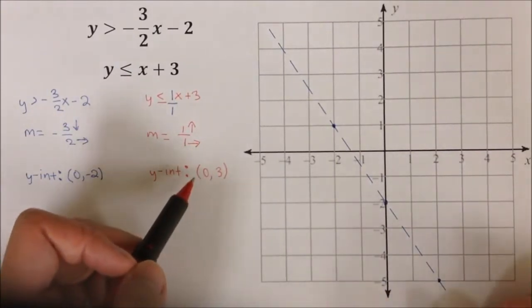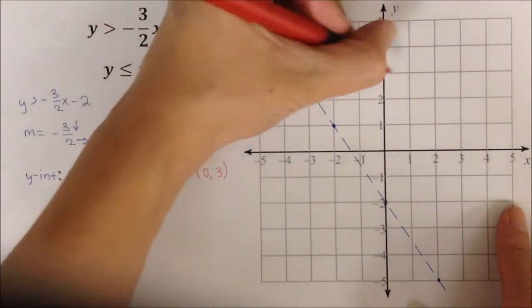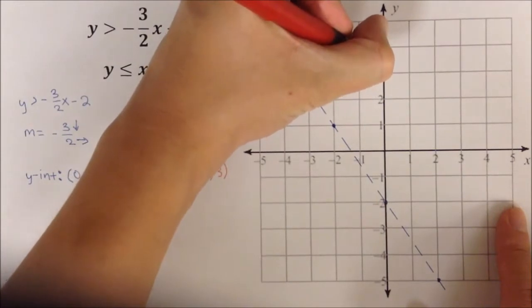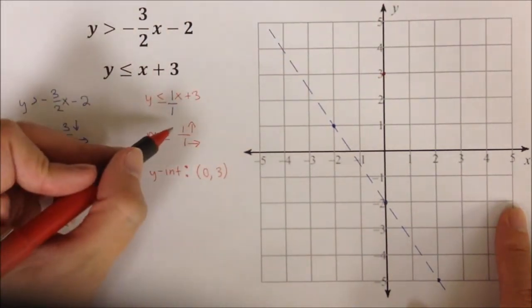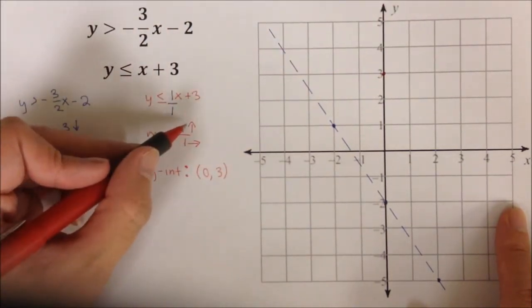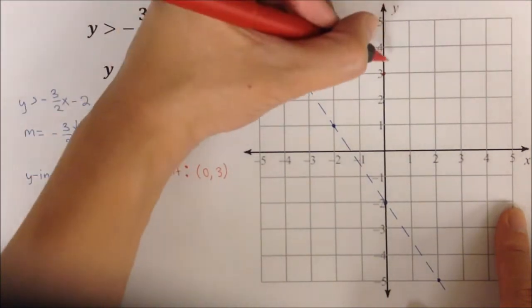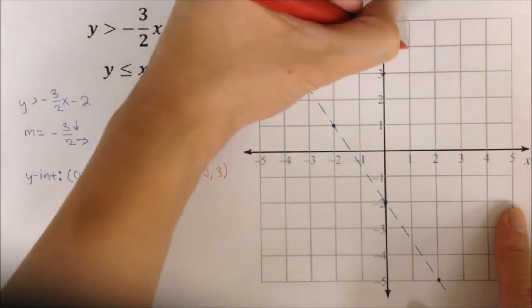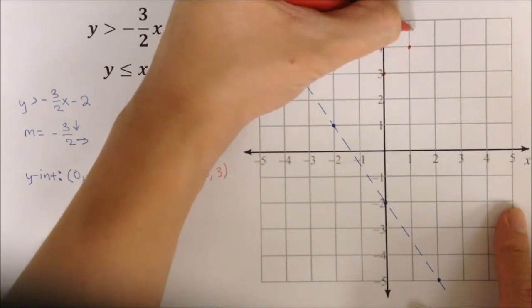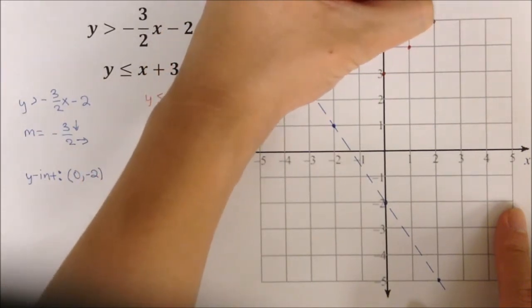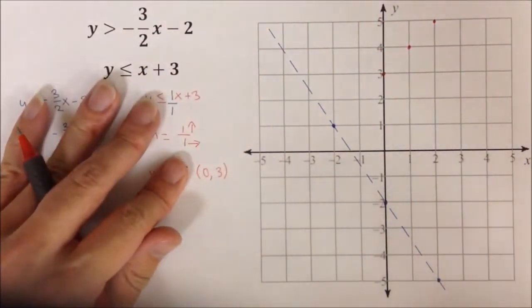My y-intercept is (0, 3), so it's going to be up here. Now it's telling me to go up 1, right 1. So let's do that. Up 1, right 1. Up 1, right 1. So I got 3 points, which will help me graph a good line.